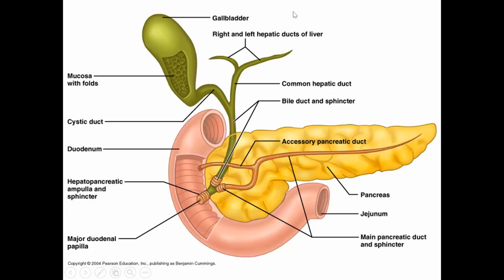And on this side, if you imagine here will be the liver, the liver makes bile. Bile is collected into these hepatic ducts, two major hepatic ducts, which merge to become a common hepatic duct, and then go toward the duodenum. This one is called the bile duct. The function of the bile duct is to release bile.